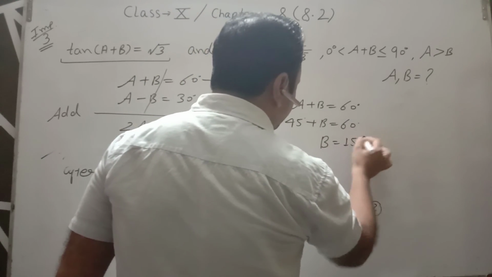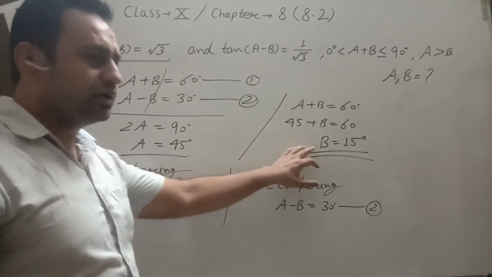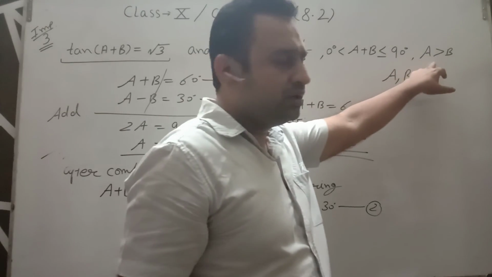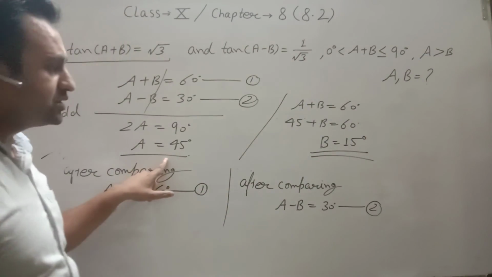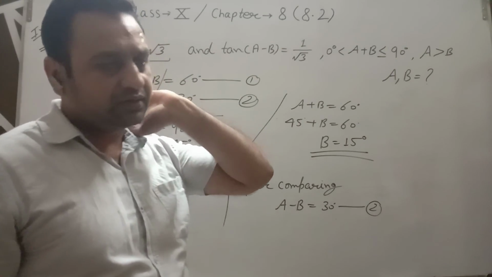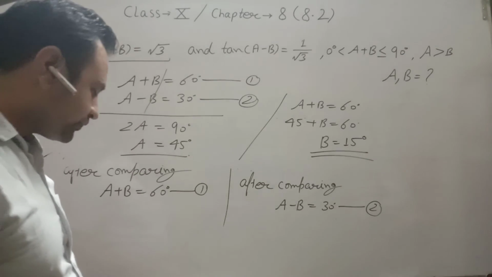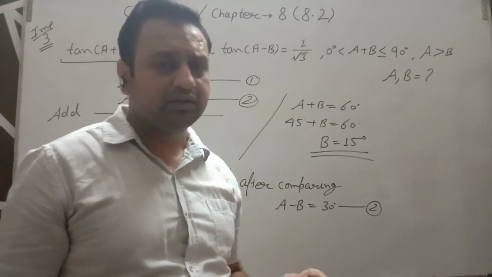Yes, 15 degree. And we observe that angle A is greater than angle B, which is the condition, and the sum of these two angles is 60 degree, which is greater than 0 degree and less than 90 degree. So our answer is okay. I hope the question is clear.